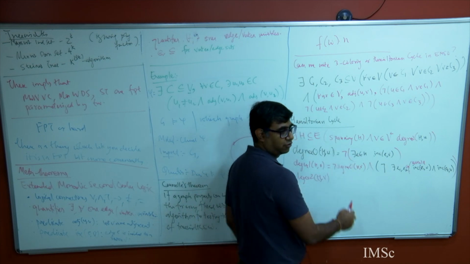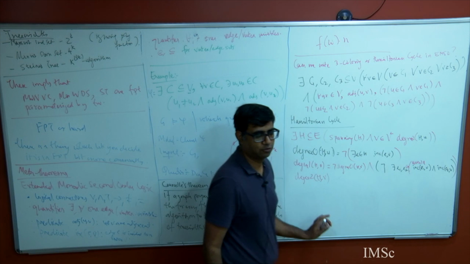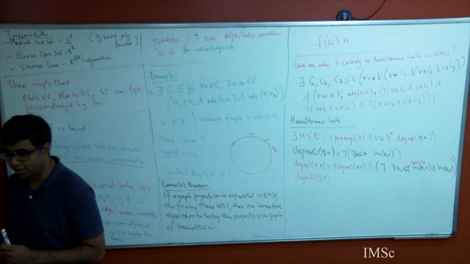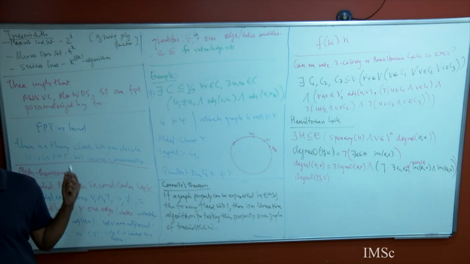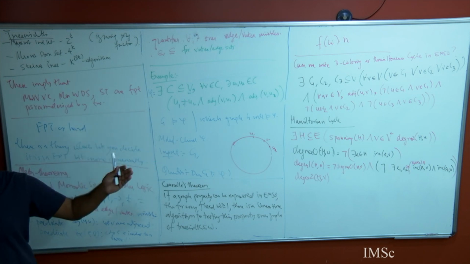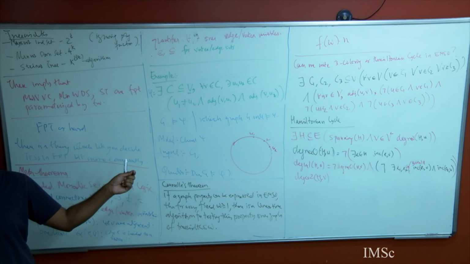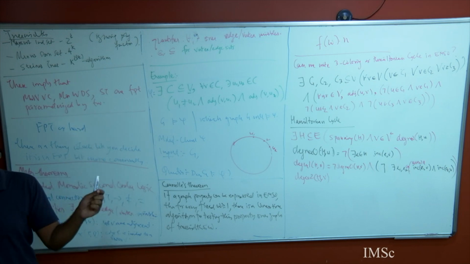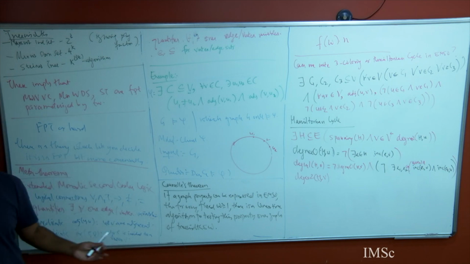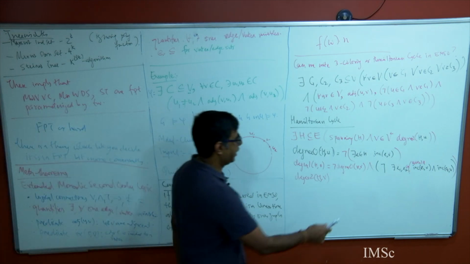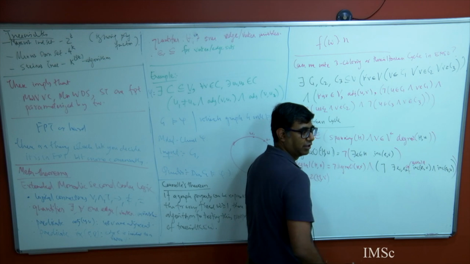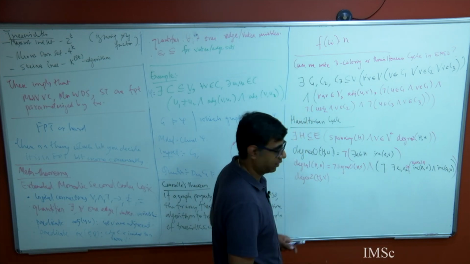This is not true, this is not true, and 3 is not true. You will write there exist E1, E2, E3 in H, and none of them are equal to each other, and incidence holds. So the way I wrote 0 and 1, you can also write degree 2. It will be a longer formula, but you can write it.